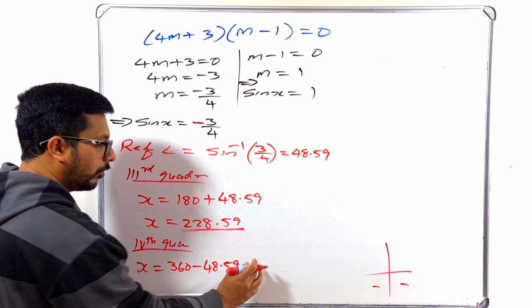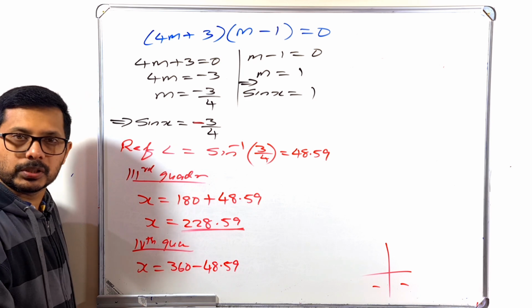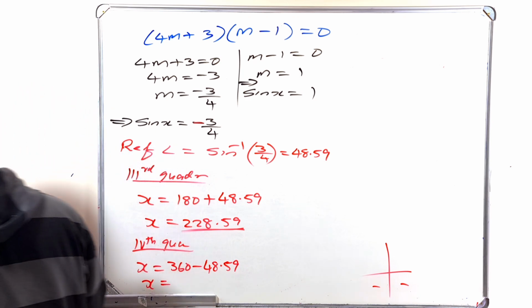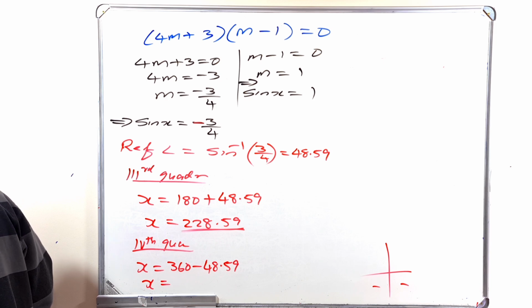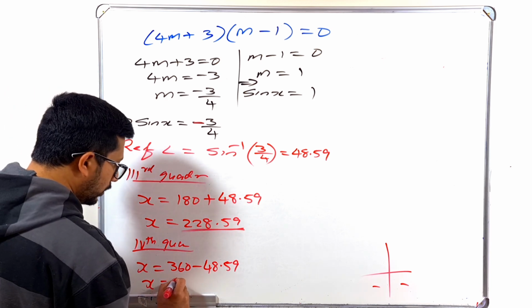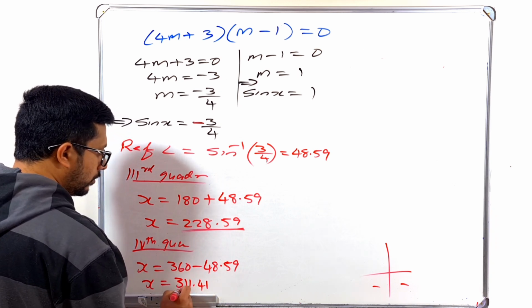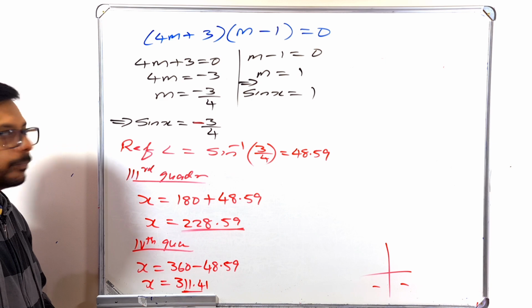So 360 minus reference angle is 48.59. We don't want to write plus K 360 because it's not to find the general solution. So what is x? 360 minus 48 is 311.41. So that is the second solution, okay.